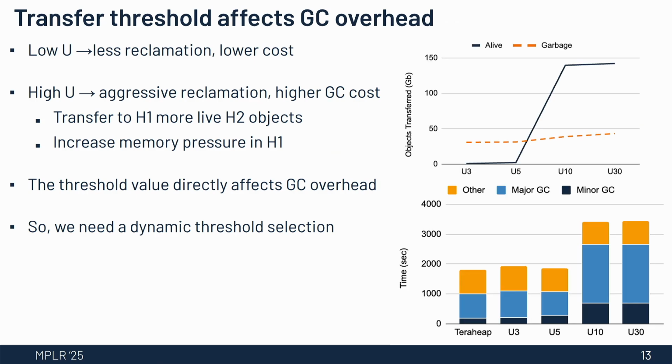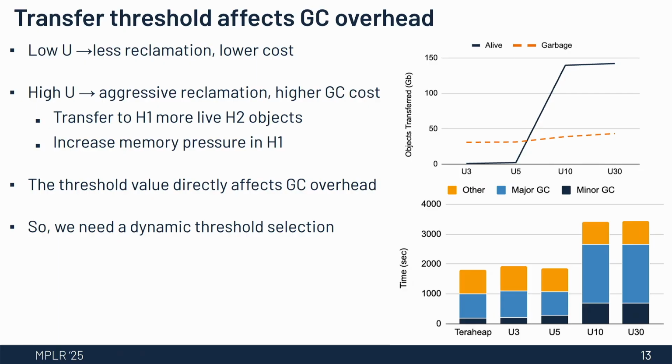Next, we evaluate how sensitive it is to have a static threshold. In this experiment, we use 4 different thresholds, low value thresholds and high value thresholds. Here we have the performance breakdown, showing the mutator thread execution time, the major GC time, and the minor GC time.